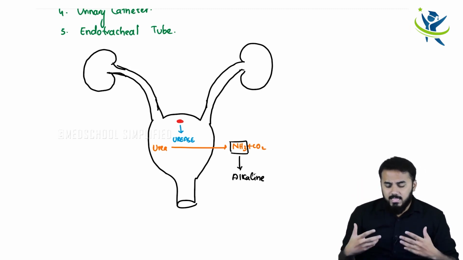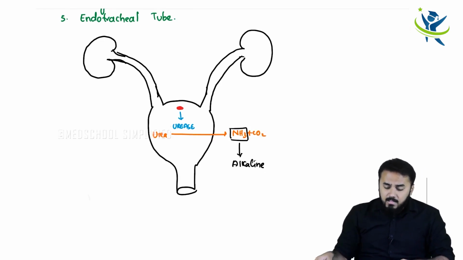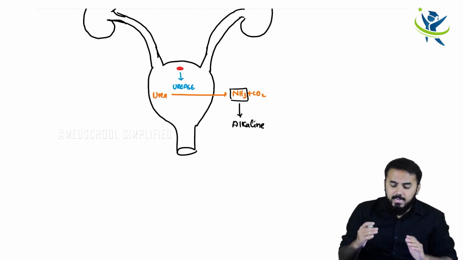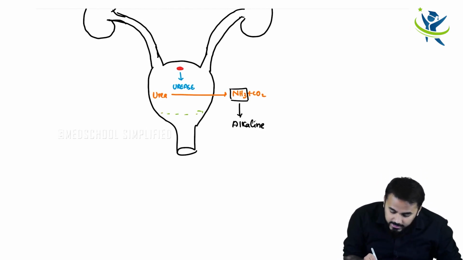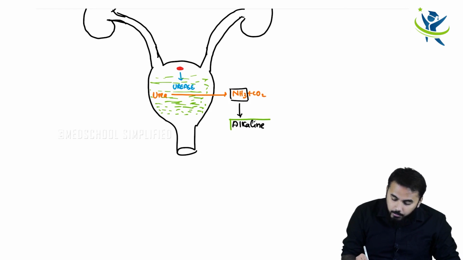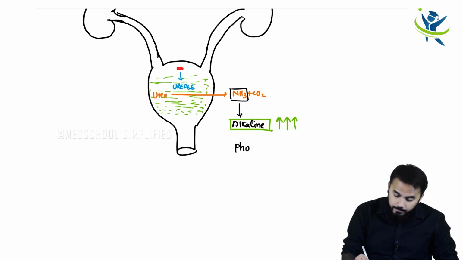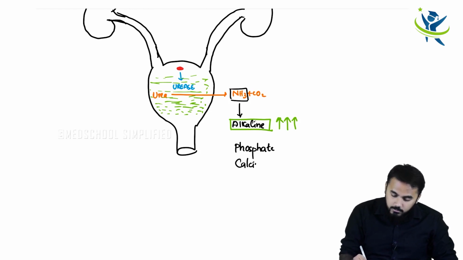Okay, fine. So what other things can happen because of this enzyme? Let me draw the alkaline nature with the green color, okay. Once the entire urinary bladder becomes alkaline like this, you know, green is safe. Then you know one very important thing: increased alkalinity causes precipitation of phosphate, precipitation of calcium and precipitation of magnesium.